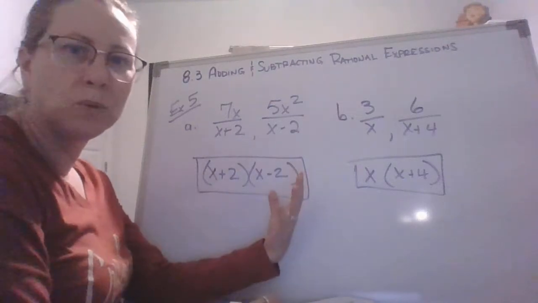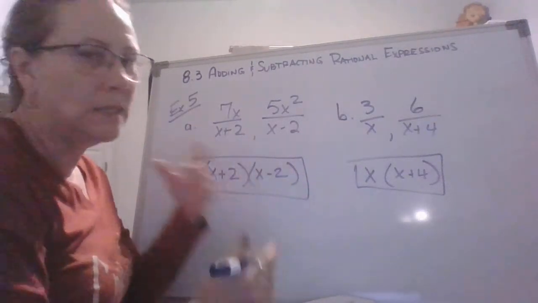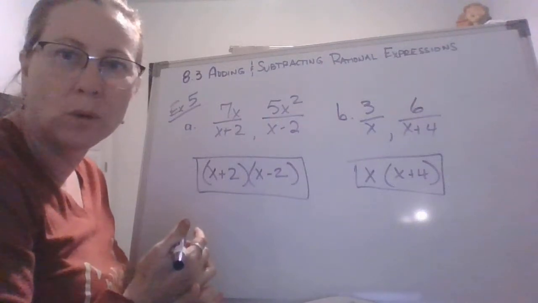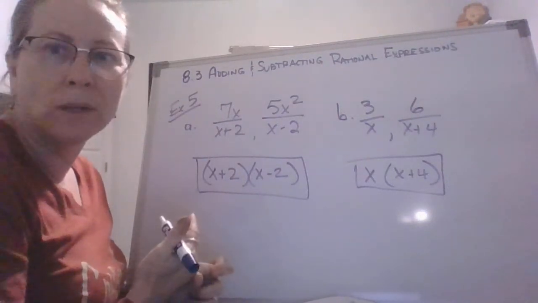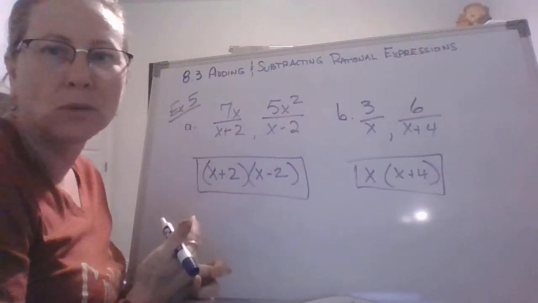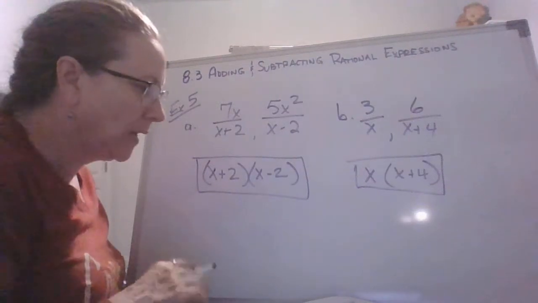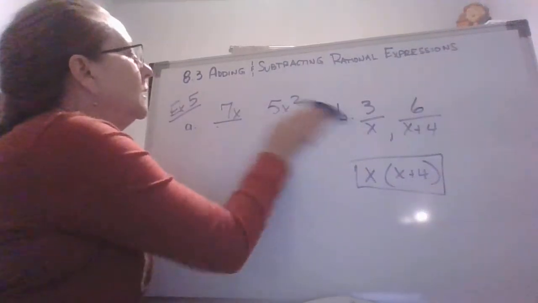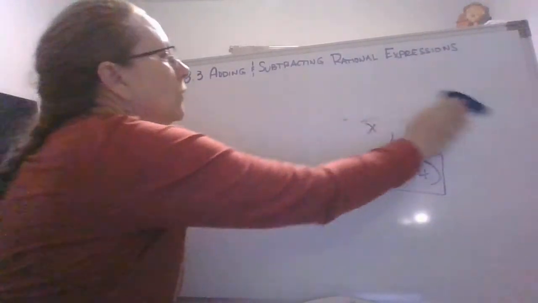So these were super simple because they didn't need to be factored. The denominators were already in factored form, and you just had to take one of every factor. And there were no duplicates, so no problem. All right, let's go to another. Let's bump it up again to another level.